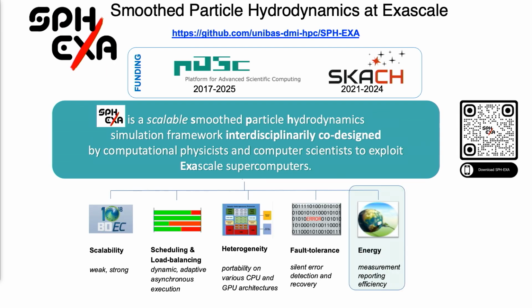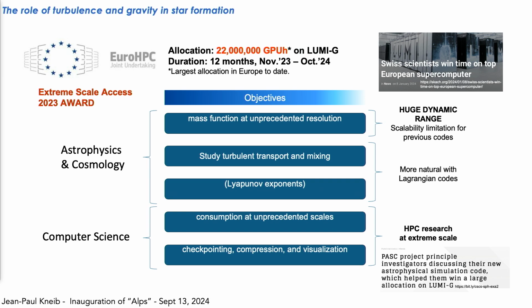Of course, you also have the computing topics about how you put that into your exascale computing: check it's scalable, check it's well-balanced, check the heterogeneity, the fault tolerance, and make sure that you have the energy to do your computing.